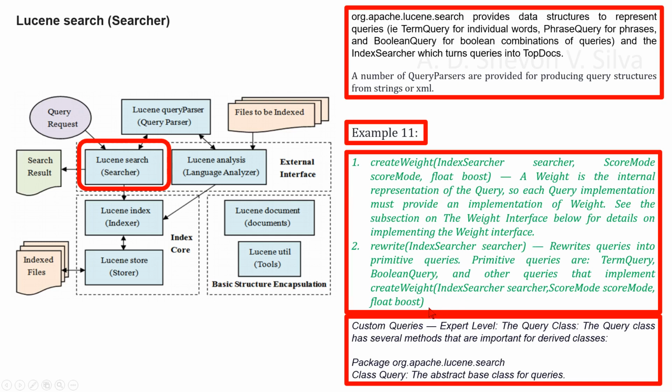Two, the rewrite(IndexSearcher) method rewrites queries into primitive queries. Primitive queries are TermQuery, BooleanQuery, and other queries that implement createWeight(IndexSearcher, ScoreMode, float boost).